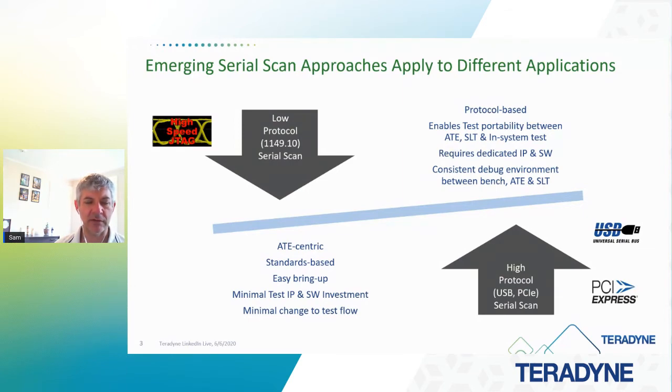It requires dedicated IP and software. From an IP standpoint, you're often effectively integrating the test controller with a piece of relatively complex system IP like a USB controller or a PCIe controller. But it does provide a consistent debug environment between bench, ATE, and SLT.